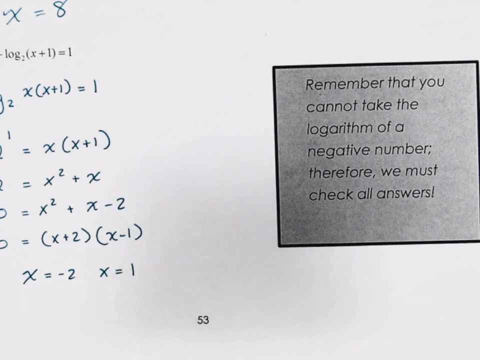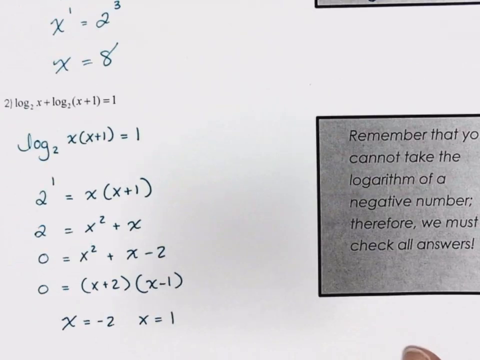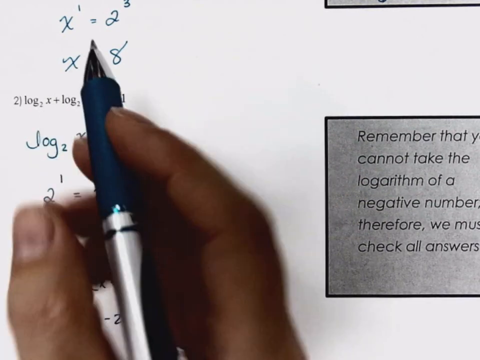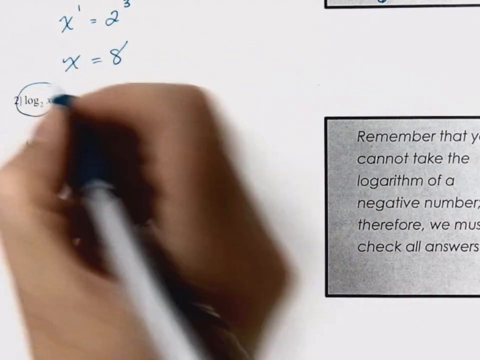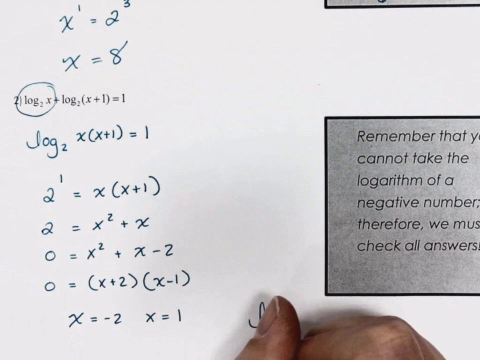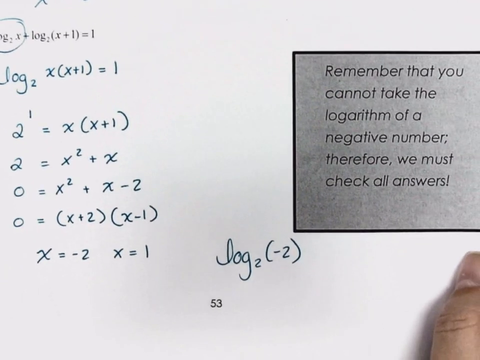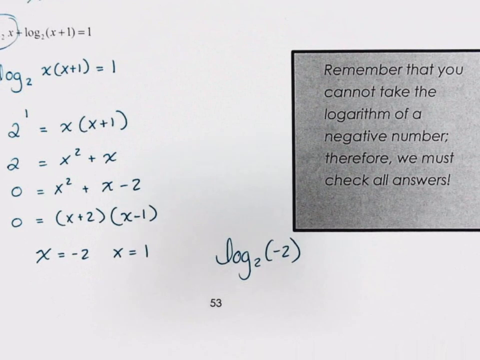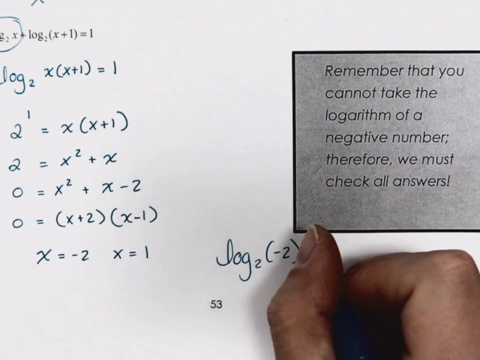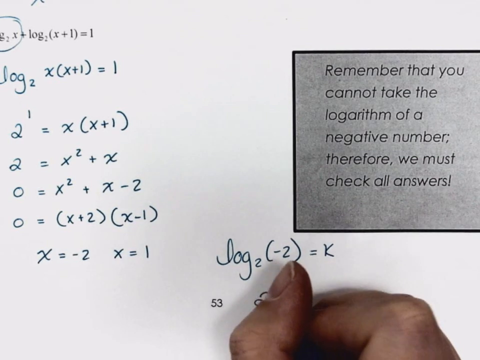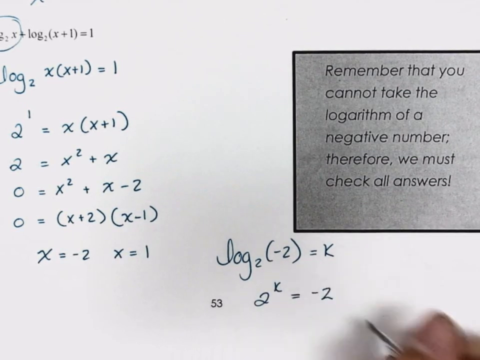If there was a transformation. Correct. But I want you to go back and look at arguments. Can I take log base 2 of negative 2? Will there be an answer? Because we'd set that equal to some letter, so 2 to the exponent k would equal negative 2.